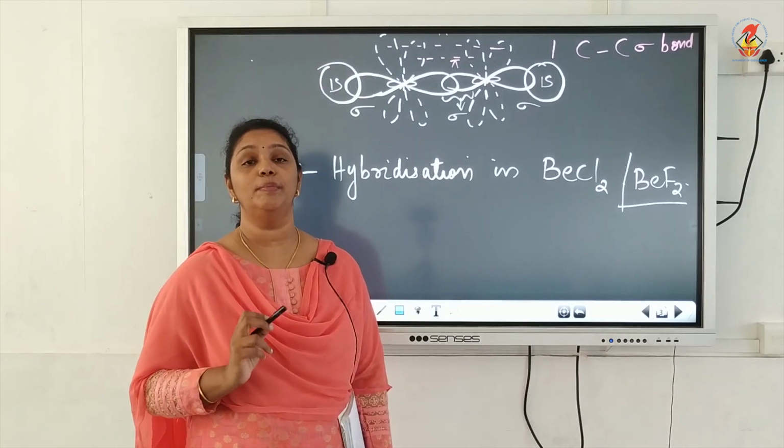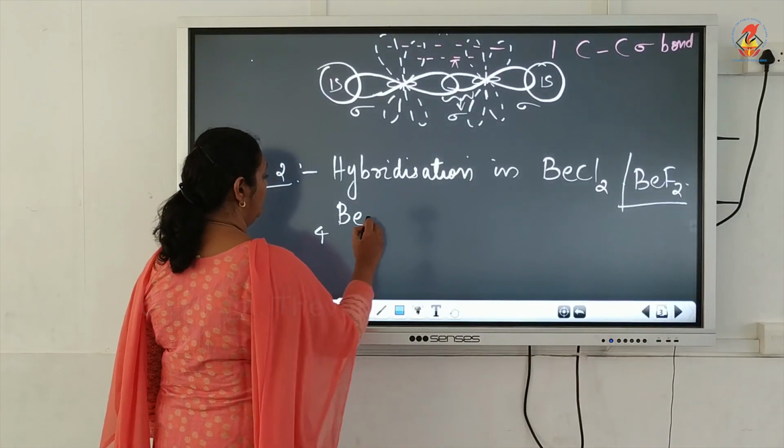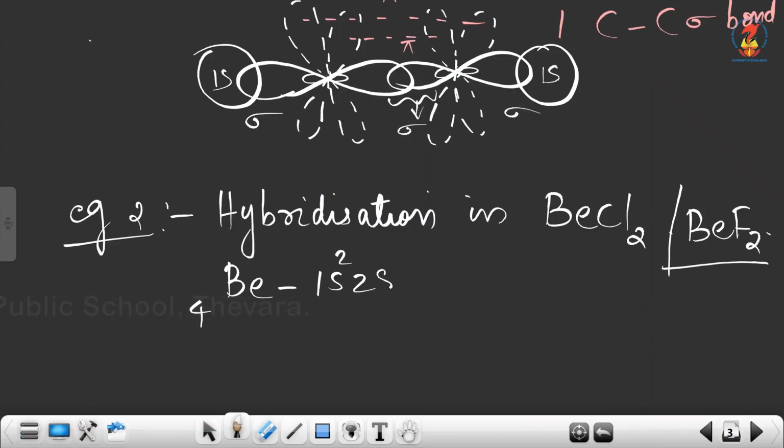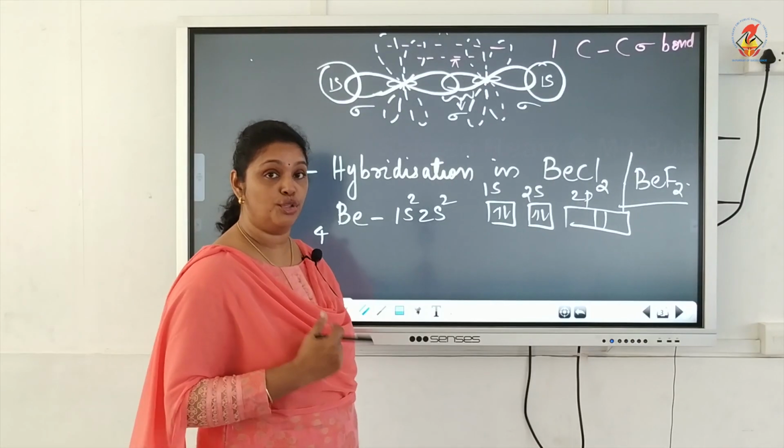The central atom in BeF2 is beryllium and the atomic number of beryllium is 4. So the electronic configuration is 1s2, 2s2. Now when you draw the orbital diagram, we have 1s2, 2s2. This is 1s, 2s, and also we have 2p orbital in beryllium, but it is vacant. Now what will happen in the formation of BeF2 molecule?